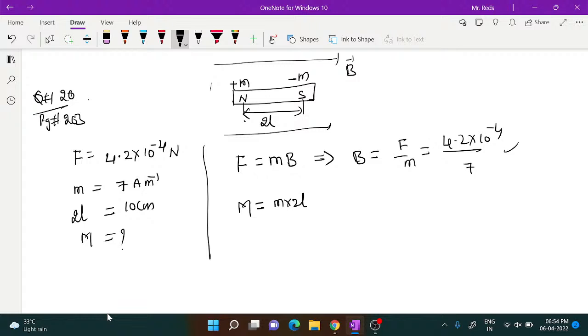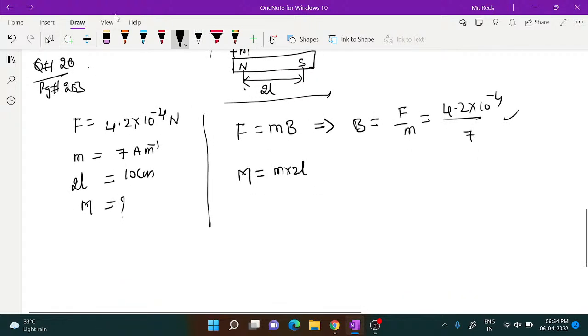Actually, using this itself we can also represent the force, as we know, in terms of moment of magnet. Let us say small m is equal to M by 2L.